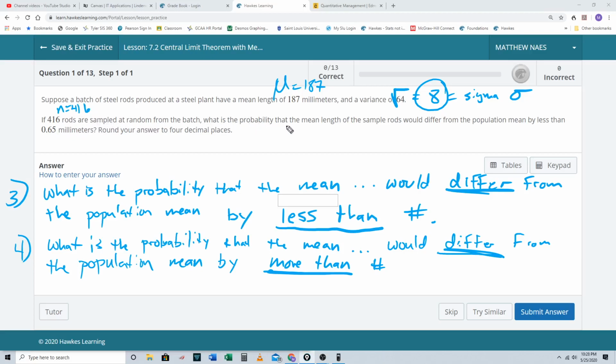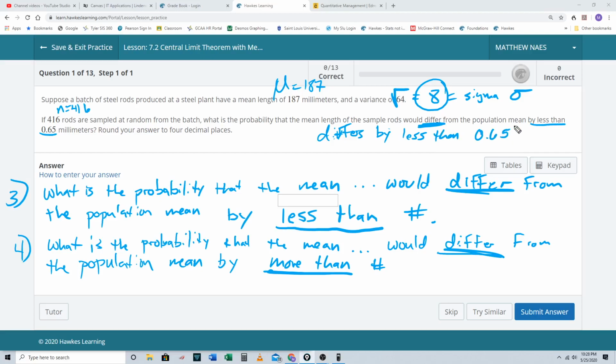What's the probability the mean length of the sample rods would differ, so that's the word differ, from the population mean by less than 0.65? So we have a differs amount, differs by less than 0.65.